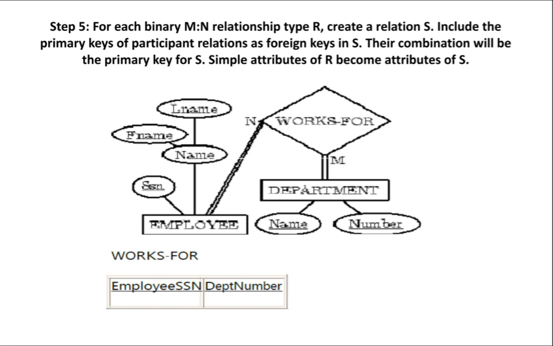Department number is the primary key in the department, but both these primary keys are used as foreign keys in the works for relationship. But what is the primary key for the works for relationship? The primary key is the combination of both employee SSN and department number. That's all, right? Step 5.